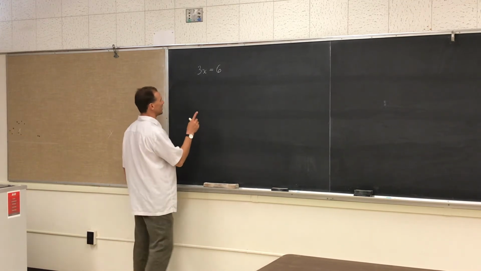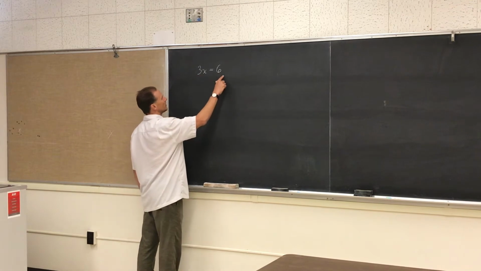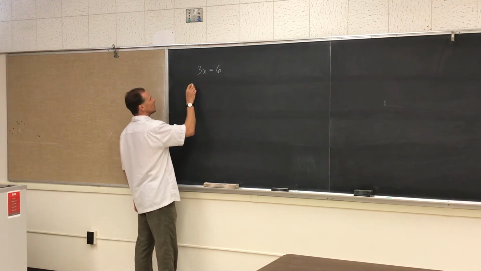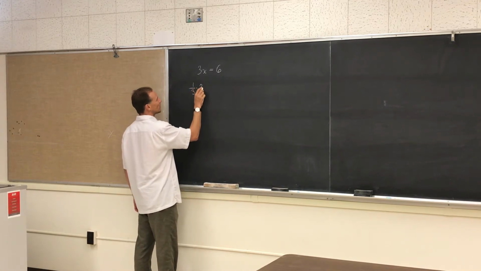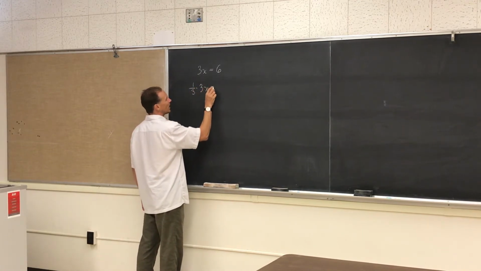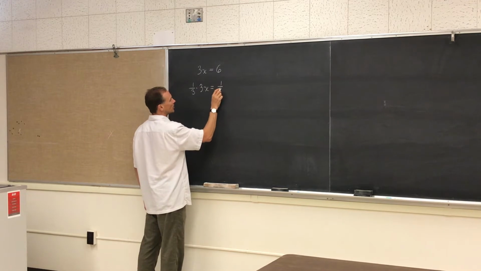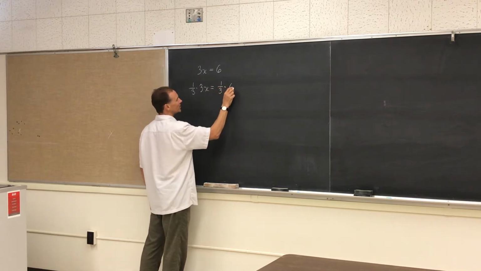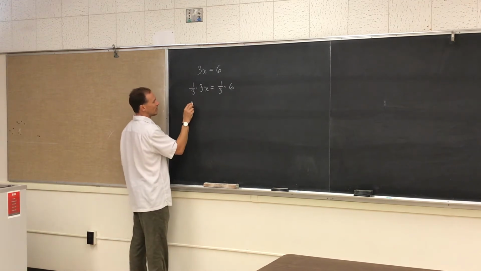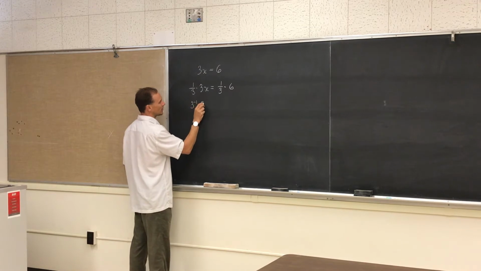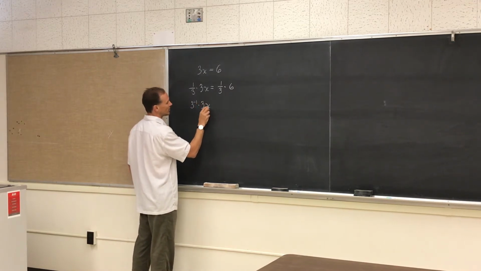What's important is this. When you solve this, if you were to write it out carefully, you would take 1/3 times 3x, and you would take 1/3 times 6. Now, we can write this 1/3 as 3 to the minus 1 times 3 times x.